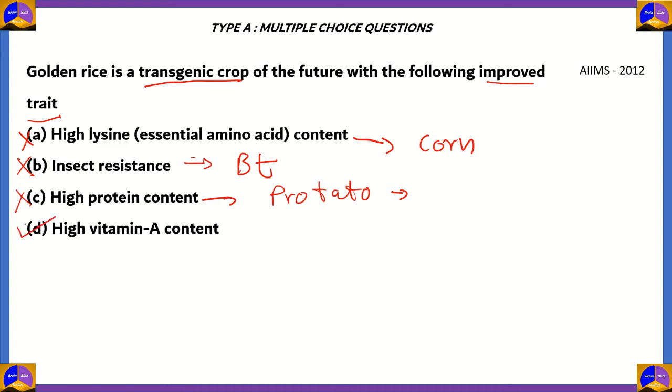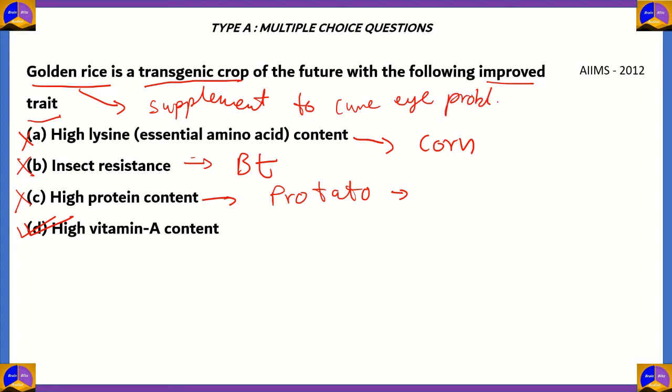The right answer is option D, high vitamin A content. The reason why golden rice was created is to act as a supplement to cure eye problems. And when it comes to vision, the vitamin that is needed is vitamin A. So if you can create a rice with high vitamin A content, then you can use that as a supplement in order to cure and prevent eye problems.